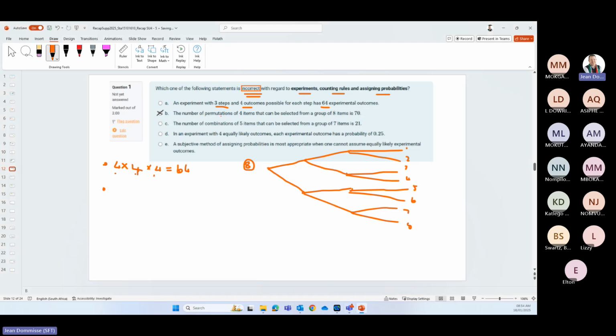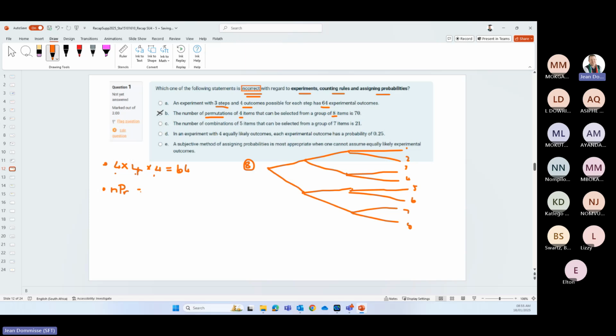The number of permutations of 4 items that can be selected from a group of 8. They tell us permutations, so I think the formula looks something like this. Where's my calculator?